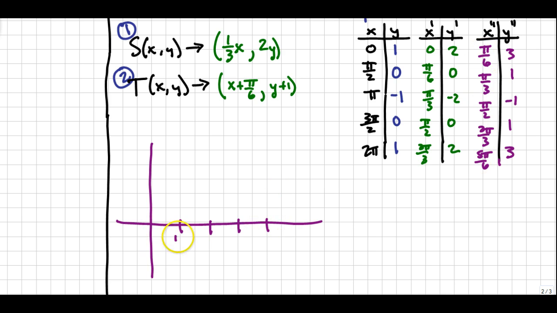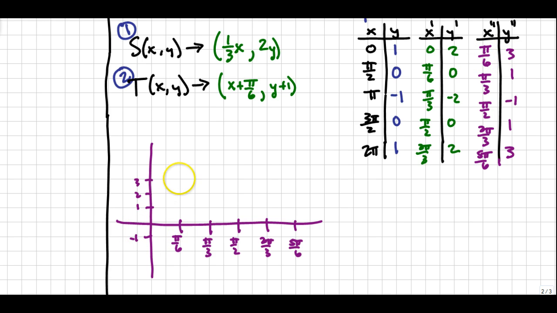So this is going to be pi over 6, next one is pi over 3, next one's pi over 2, next one's 2 pi over 3, and I've got one more, 5 pi over 6. Students don't need to worry about whether they know where those are, because those all came from the original, so we just labeled them as where they are now. I know I'm going to go up to 3, so I'm just going to label 1, 2, 3, and down to negative 1.